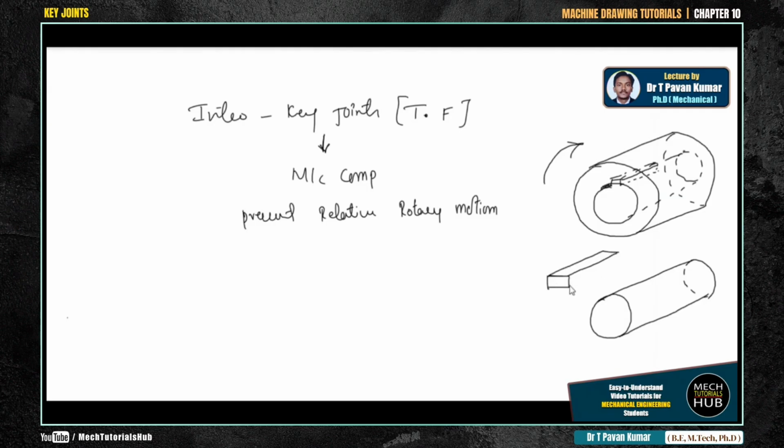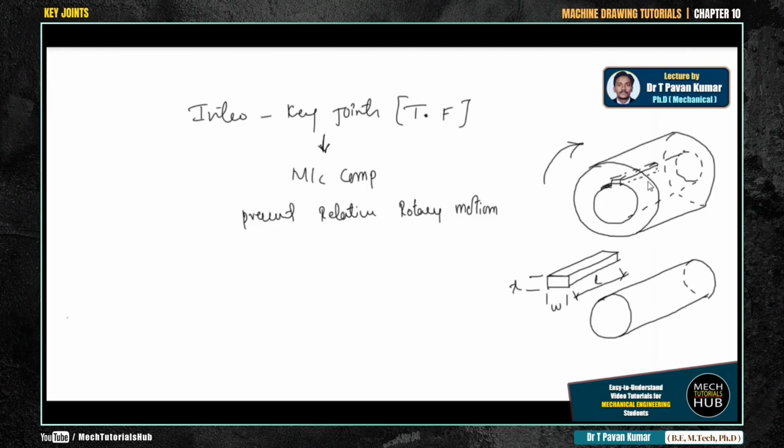This will help me lock both elements, the hub and the shaft. The key will have a width and a thickness, followed by the length. Based on the length, width, and thickness of the key, a keyway is provided in the hub.